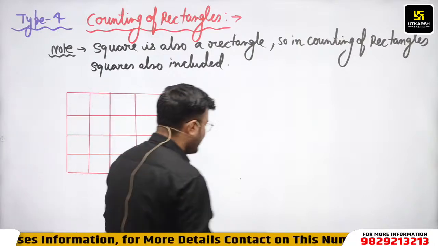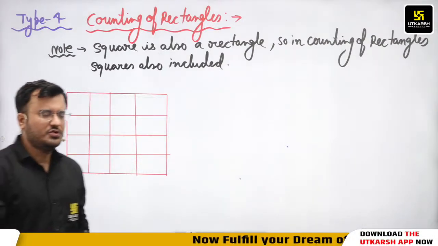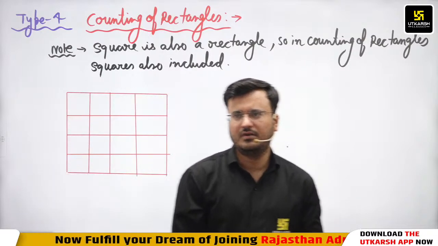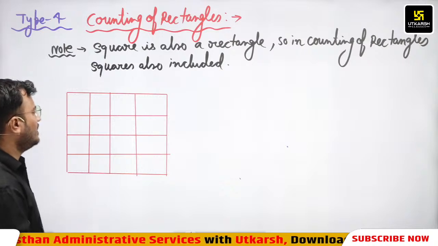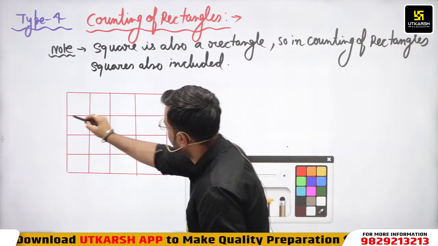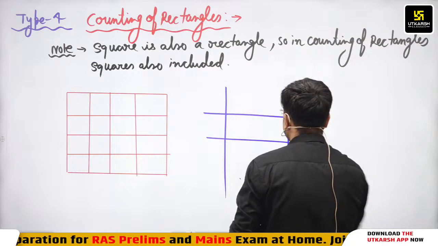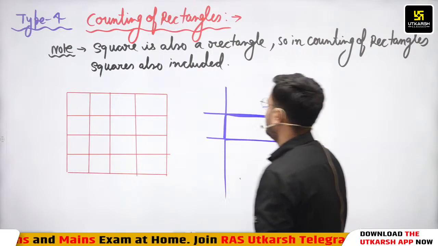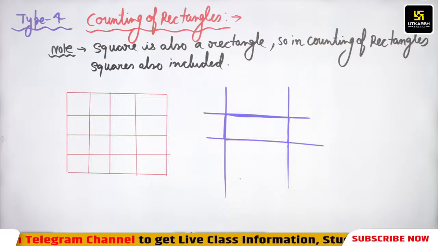If we select two different horizontal lines and two different vertical lines at the same time and place them together, for example selecting this straight line, this straight line, this straight line and this straight line, the figure enclosed by these four lines is nothing but a rectangle. Got it? So this is your rectangle.